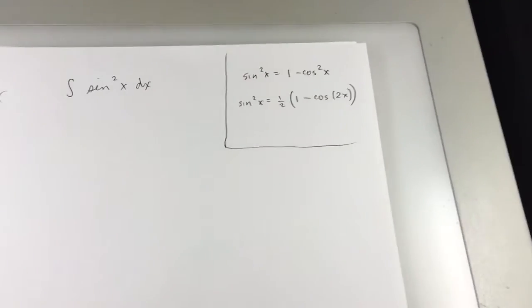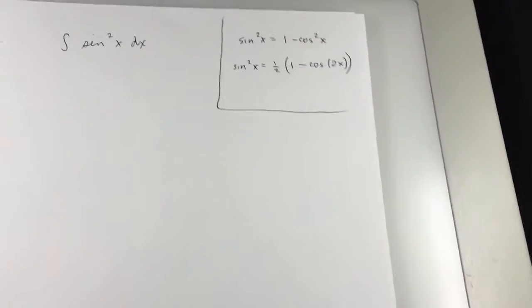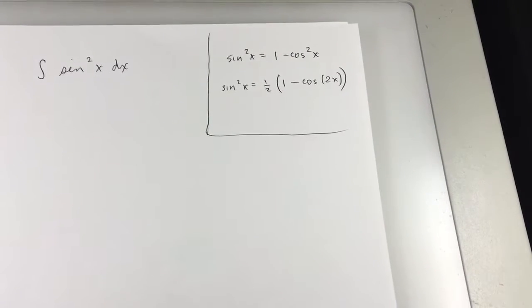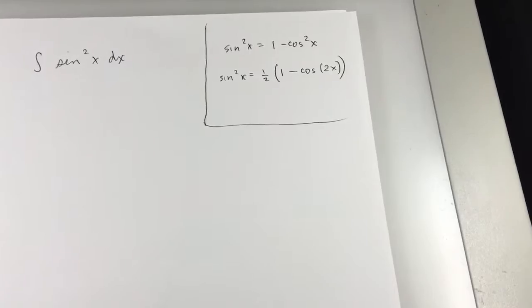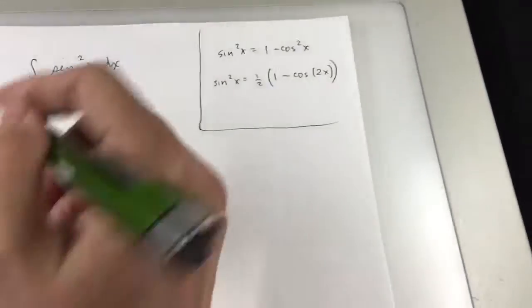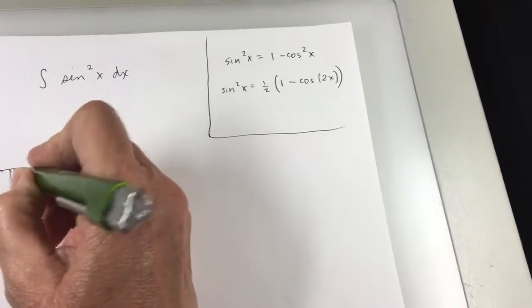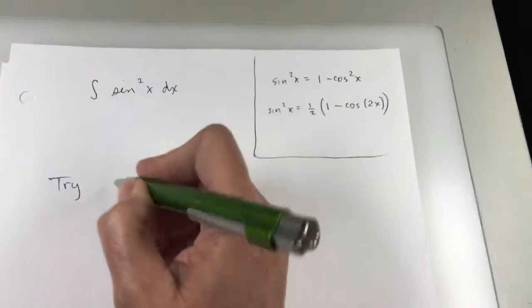And my first thought, if I was sitting in your place, would probably be to use that first one. And if you tried that, it didn't work. Look, if you try the first one, by the way, this is not correct.